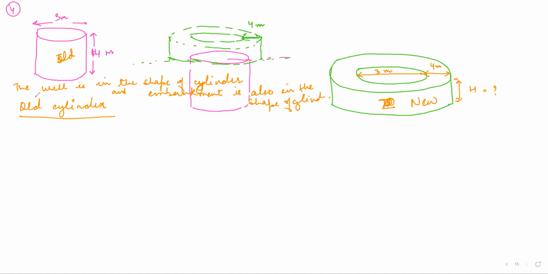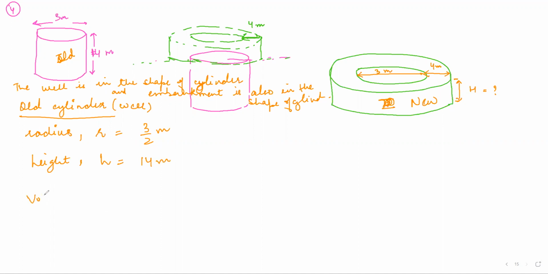Now let's come to old cylinder, that is basically your well. What is the radius? Let us call it small r. Yeah, 3 by 2 meters. And what is the height? Let me call it by small h, which is 14 meter.